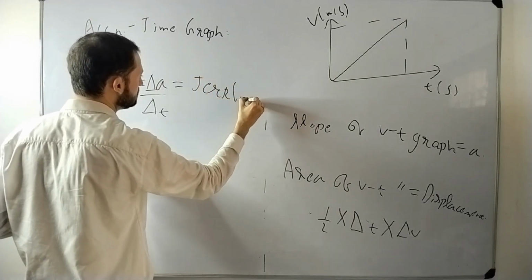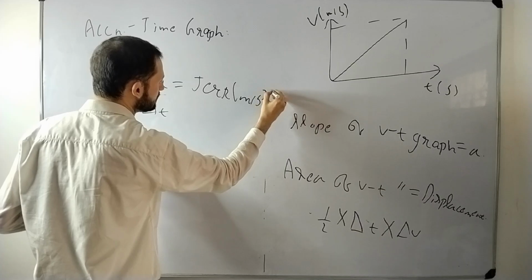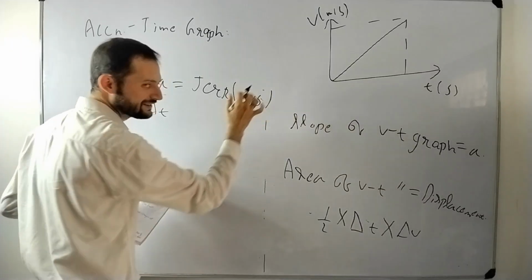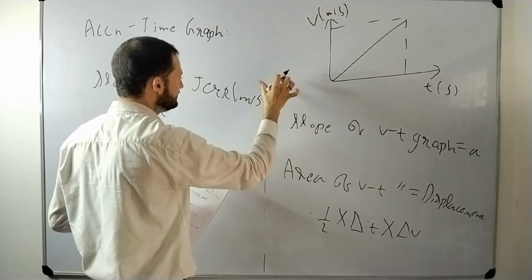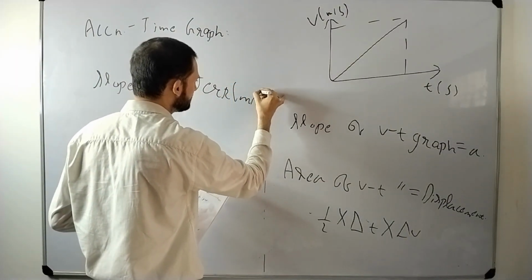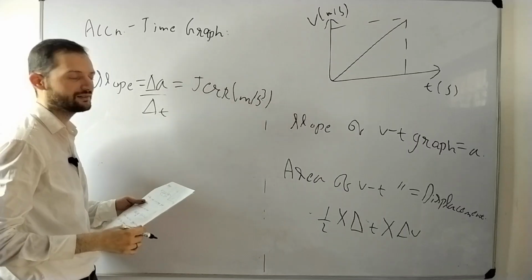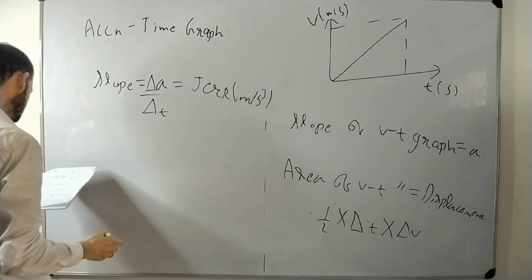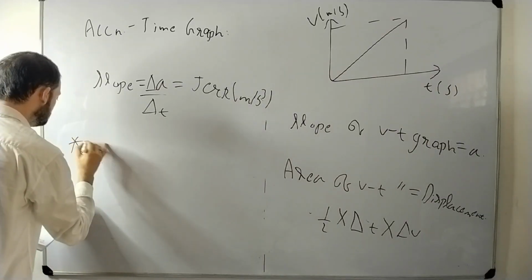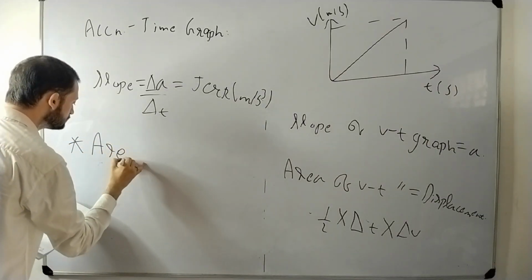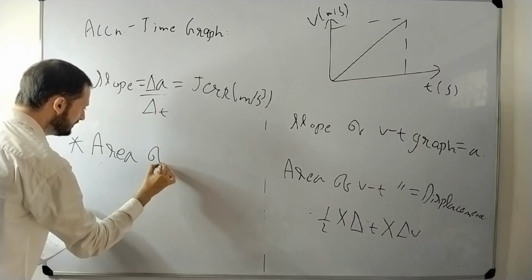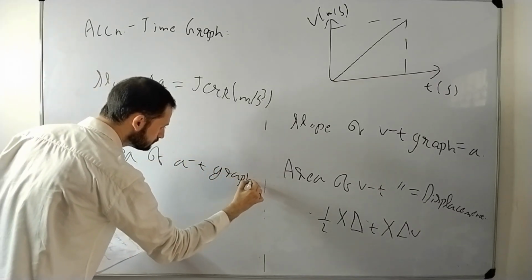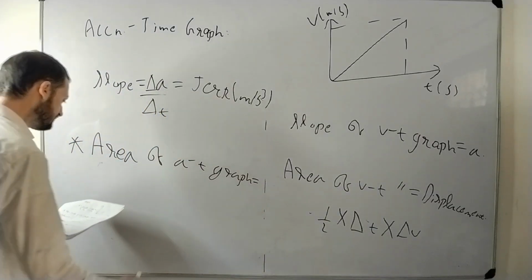Jerk, that is meter per centimeter? Second. Yes, second cube. Area of AT graph should give us what? Change in velocity.